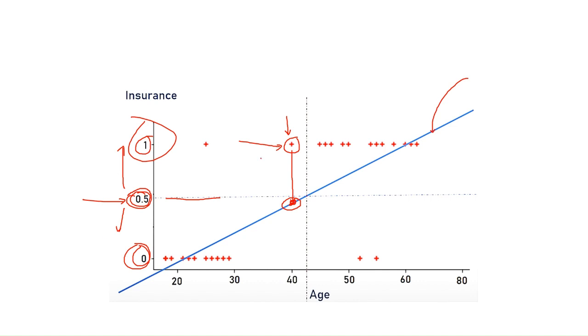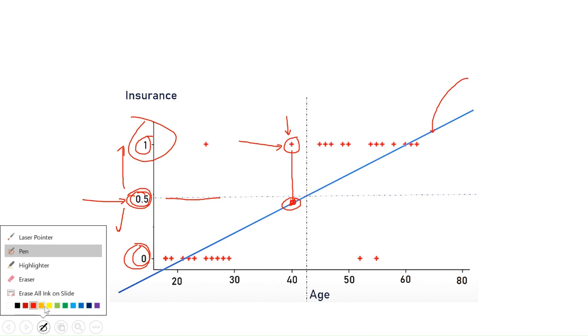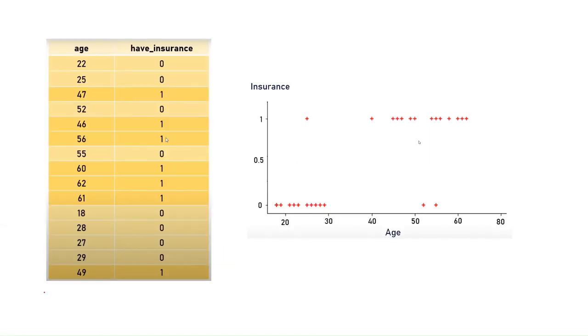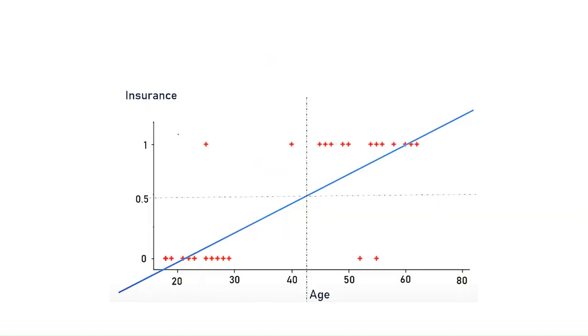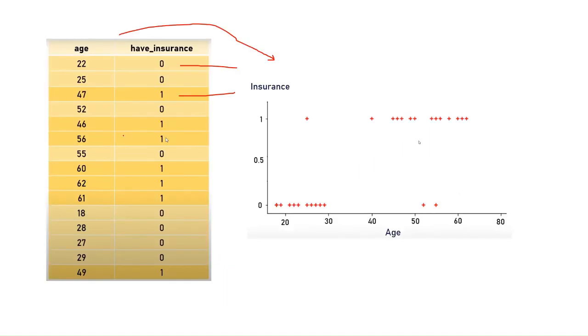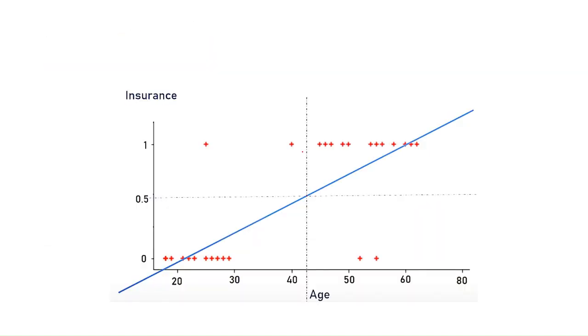Again, I will explain. We have this data set. The target is zeros and ones only. You are plotting those points in a scatter plot like this. Now you are trying to make use of linear regression for classification.